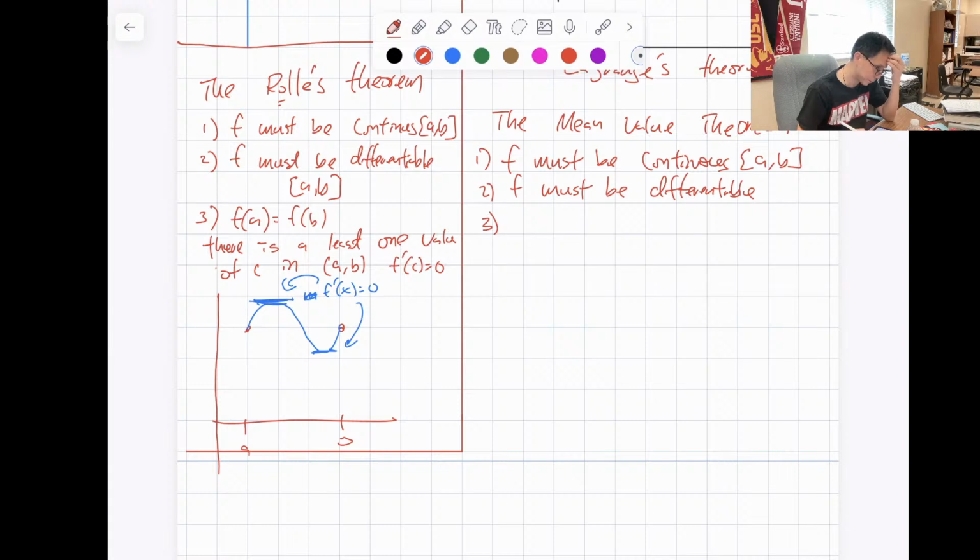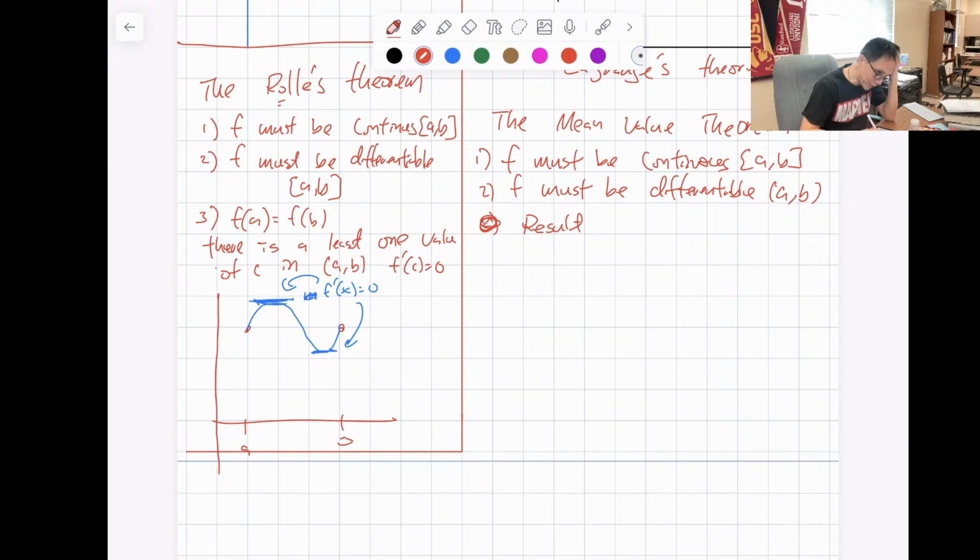3. Yeah, that's our parenthesis. So the last one is the result.